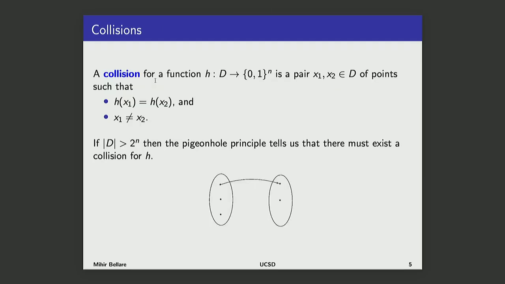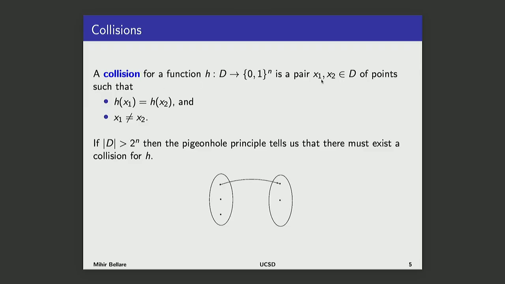Okay, so what is our security objective here? We're looking for a function which maps some large domain to strings of, let's say, some fixed length, say n bits. And think of n like 256 or so. And we are defining what it means to be a collision for this function.